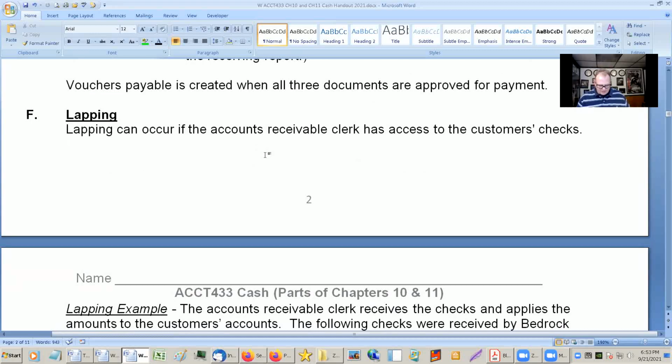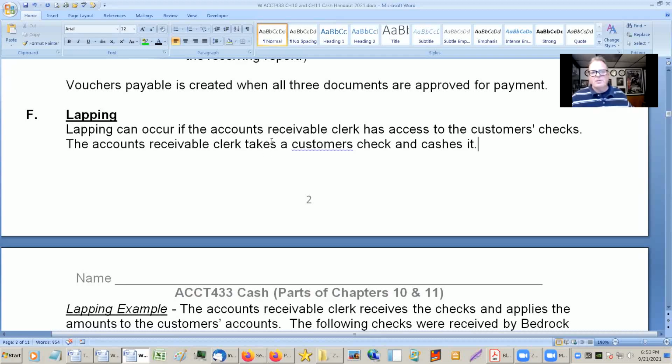What happens is the accounts receivable clerk takes a customer's check and cashes it. It can be done in a number of ways.